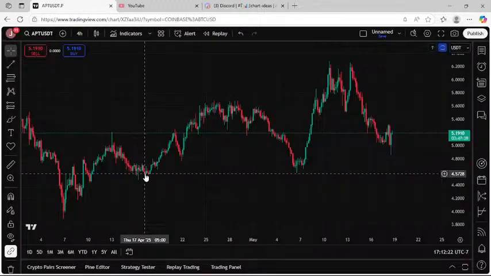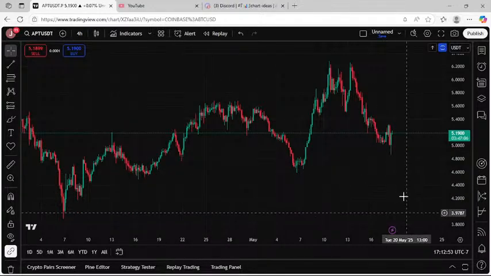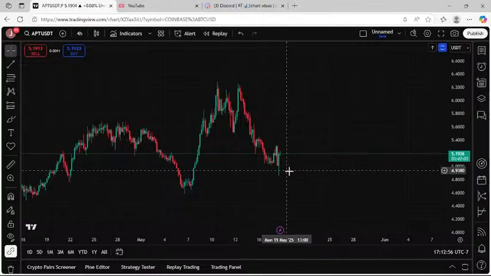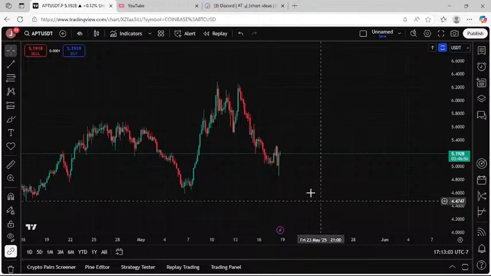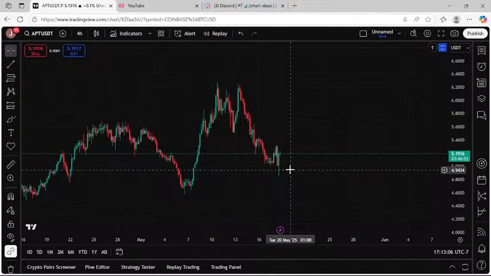Aptos maybe. I prefer its counterpart Sui substantially more, but it is what it is. You know what?